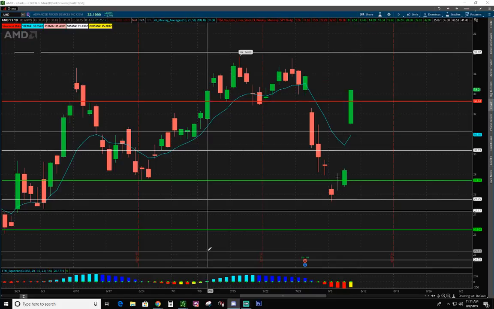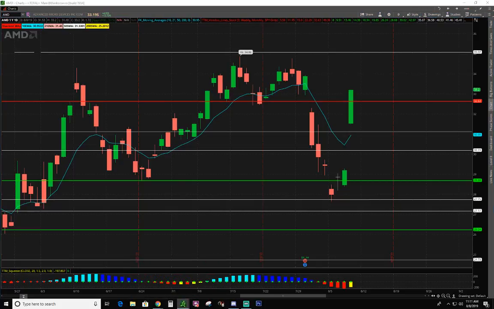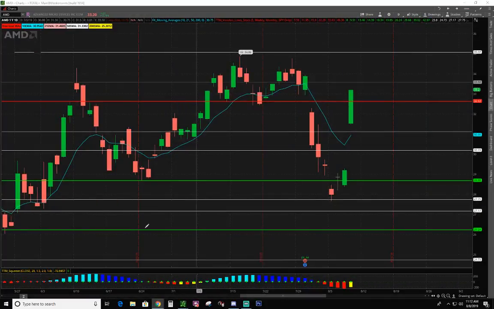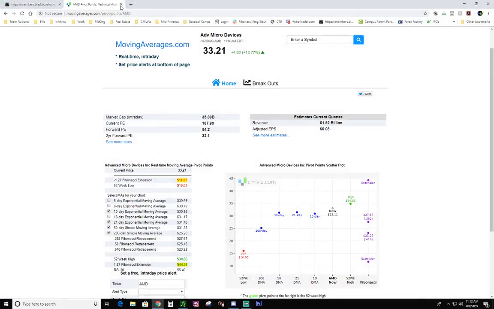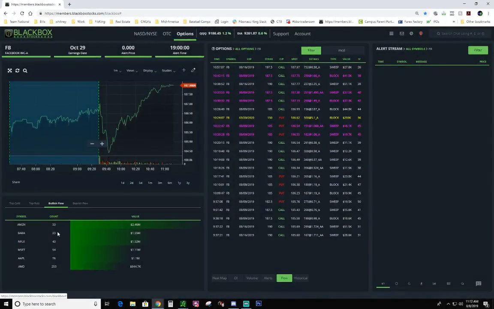Oh boy. But buy your 40 deltas 14 days out. Shoot, that's August 23rd. And that's buying either the 34s or the 35s. So AMDs are coming in hot.